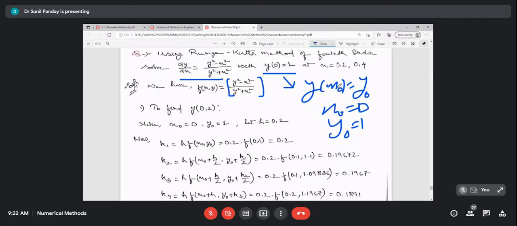Then we have to calculate the value at 0.2 and 0.4. So if we take h equals 0.2, then we will get the value of y at 0.2 in the first application of Runge-Kutta method of fourth order, and then if we apply one more time we will get the value of y at x equals 0.4.